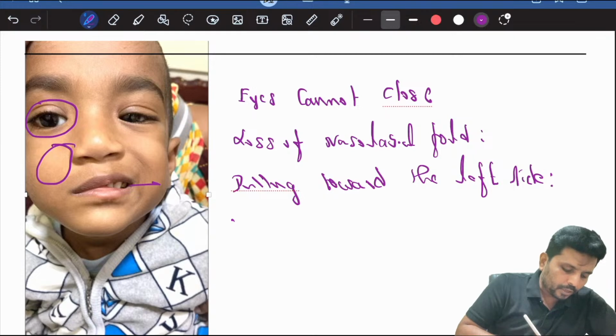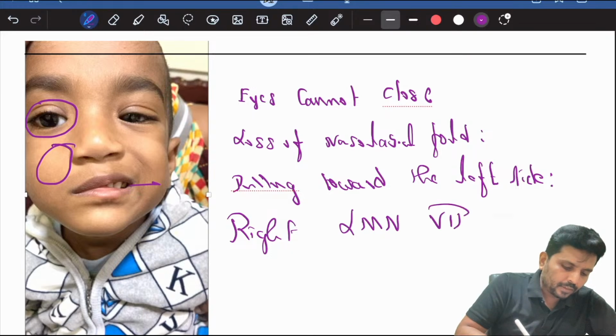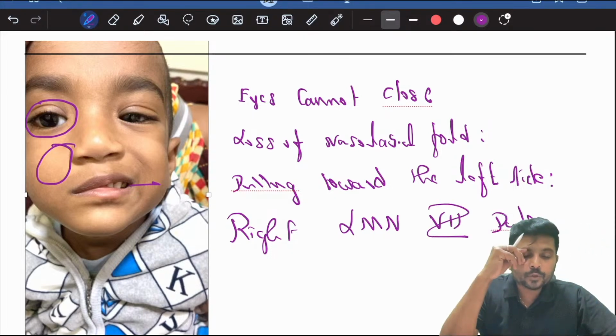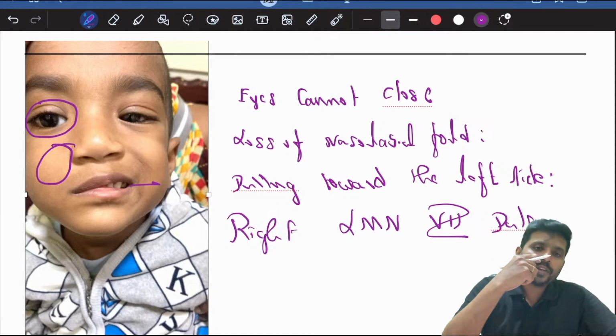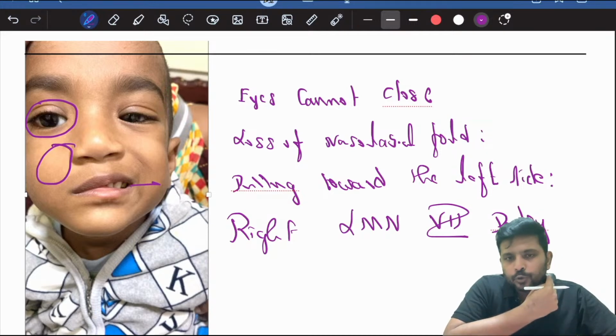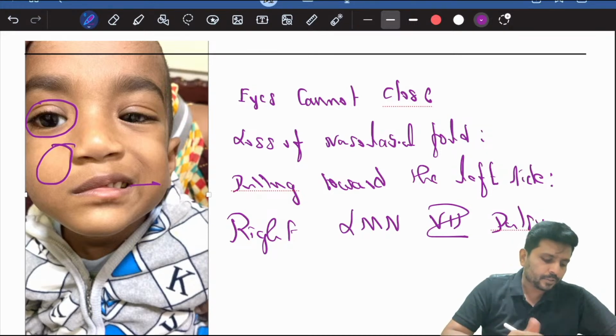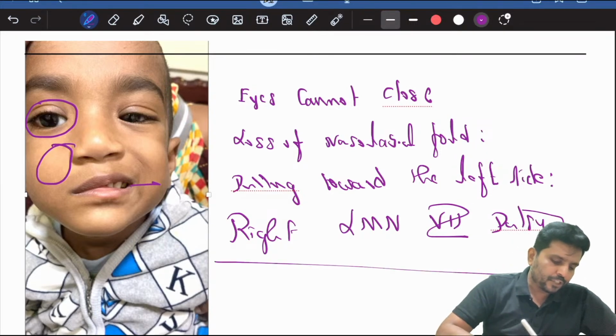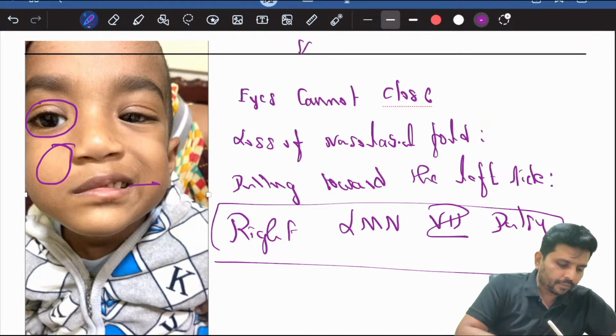This is called right lower motor neuron 7th nerve palsy. The clues are eyes could not close, loss of nasolabial fold, and angle of mouth pulled to the opposite side. This is facial nerve palsy, right side.